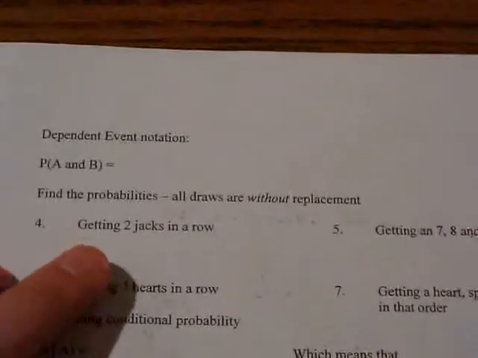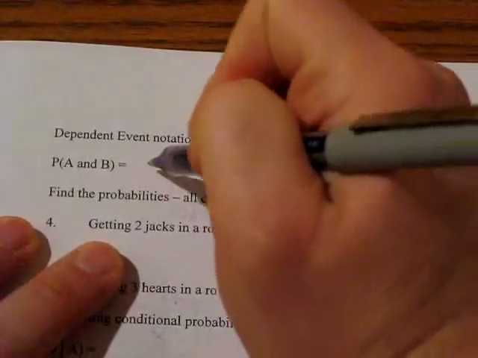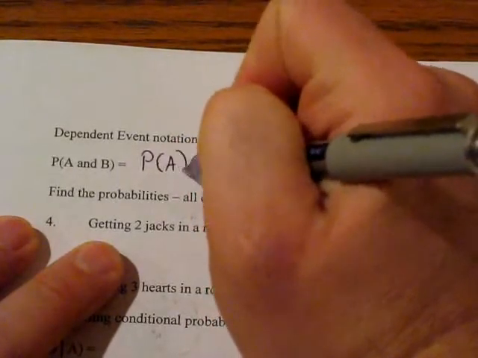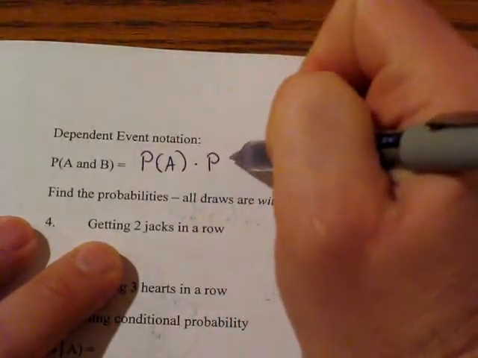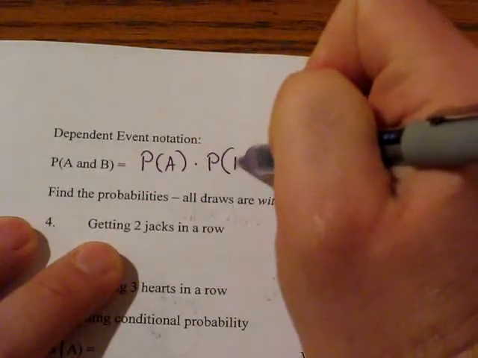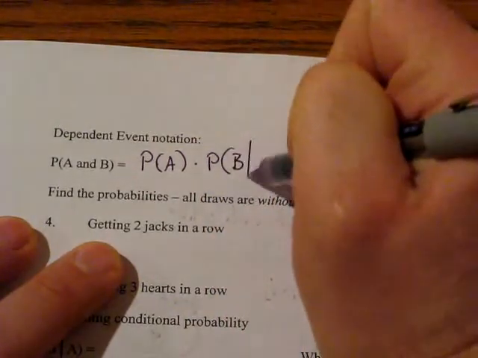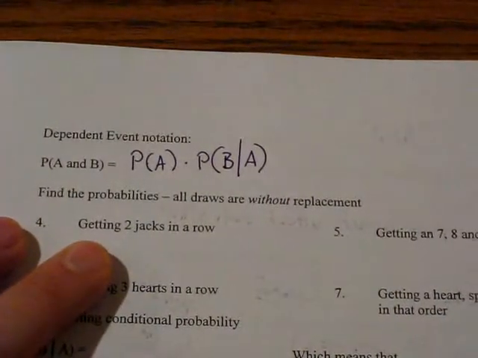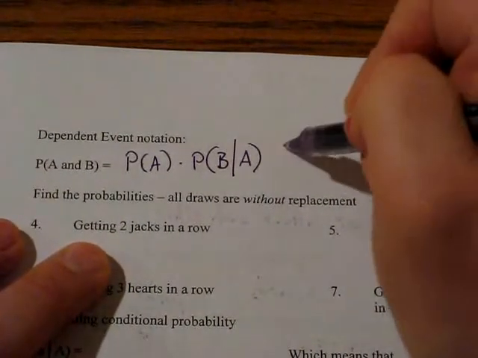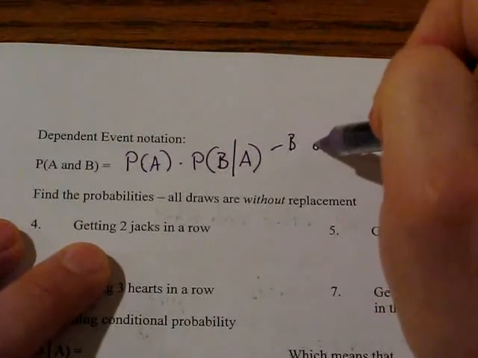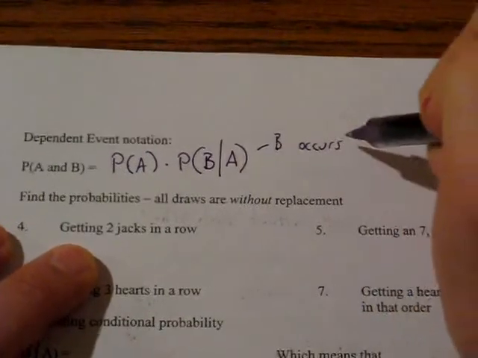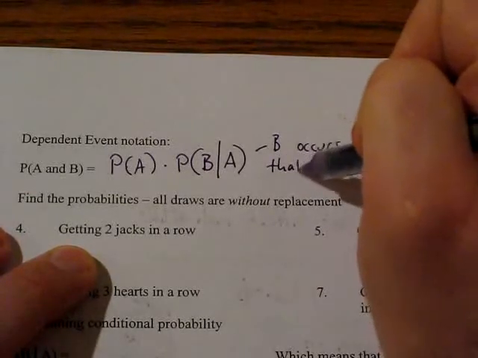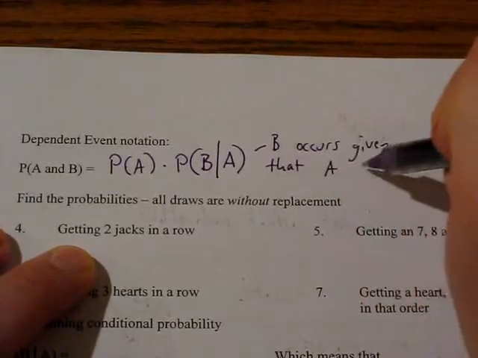So the notation for this is going to be the probability of A multiplied by the probability of B given that A has happened. That line in the middle does not mean division. It just means that B occurs given that A has already occurred.